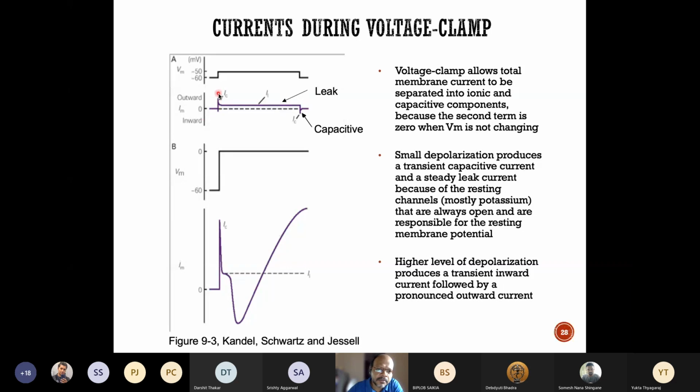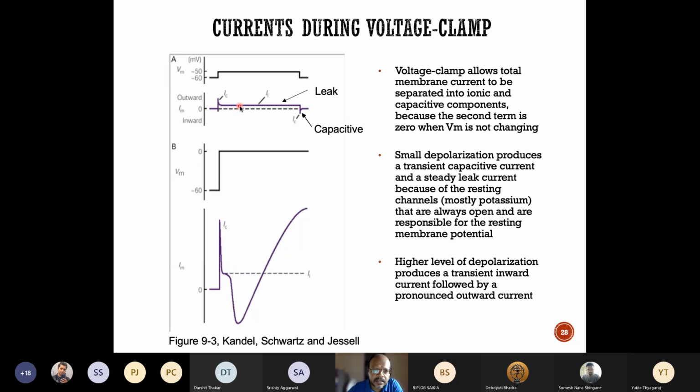So you see there's a little bit of a blip here. This is just the capacitive current because of this change here. There's a sudden change, so dV/dt is large, so the capacitive current is there. But then the voltage stops changing, so the capacitive current becomes zero. Blip is seen here as well.